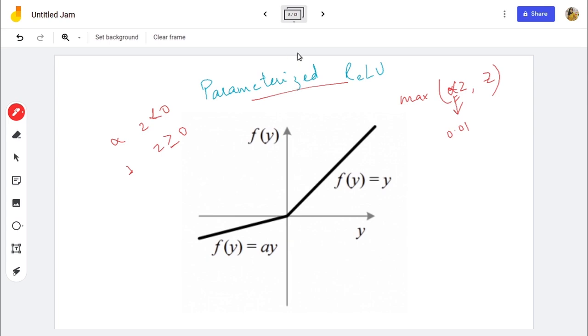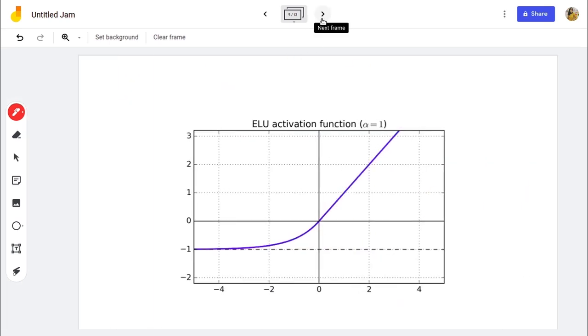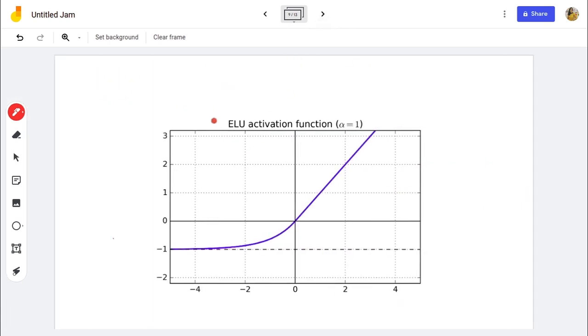The next thing that we come across is ELU. ELU is basically exponential ReLU. Here the function is alpha times (e to the power z minus 1) if z is less than 0, and z for z greater than or equal to 0.